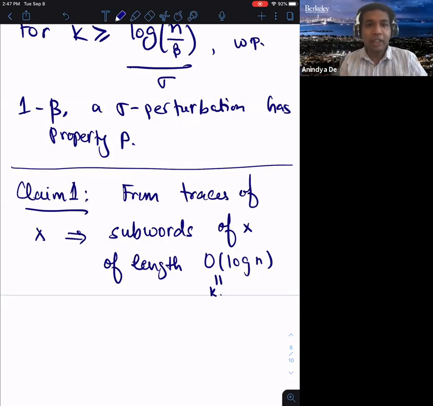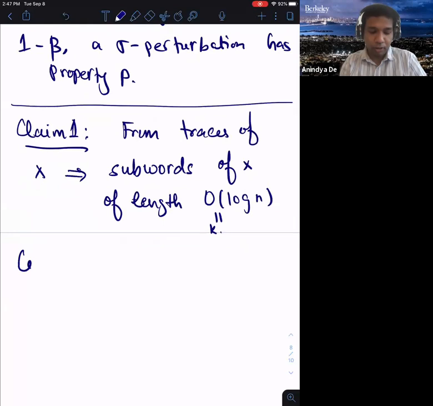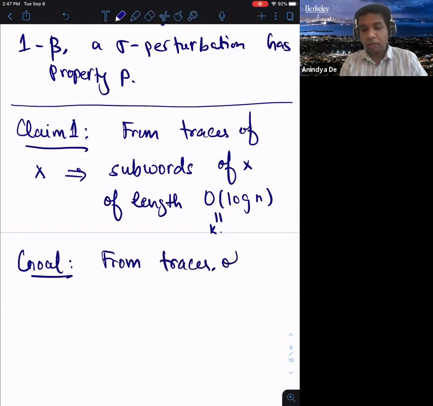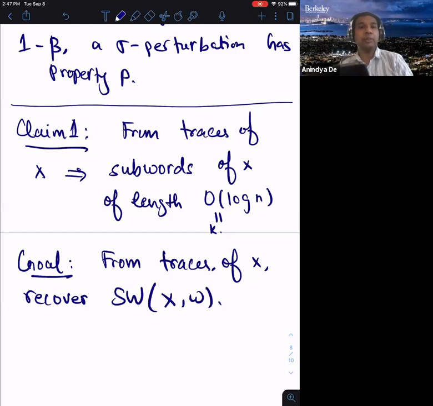So the question really becomes, goal: from traces of x, recover SW_x(W). SW_x(W) just means how many times the word W appears as a contiguous subword in x.